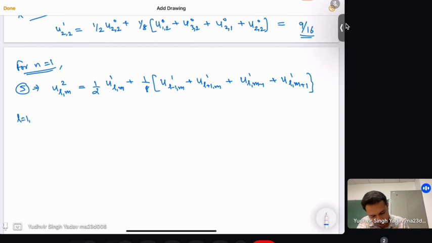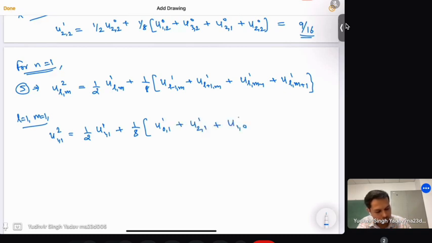Now first we will take l equals 1 and m equals 1 in this equation. So it will be u(1,1) at level 2 equals 1/2 u(1,1) at level 1 plus 1/8 u(0,1), u(2,1), u(1,0) plus u(1,2) at level 1.